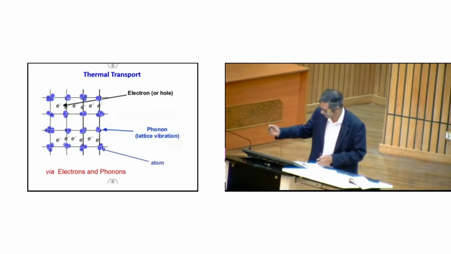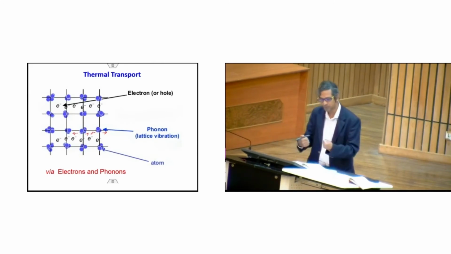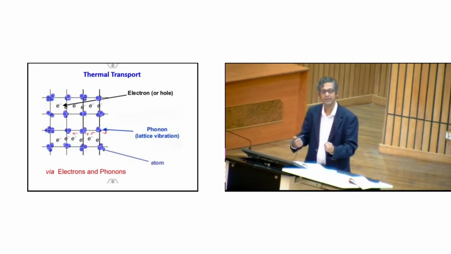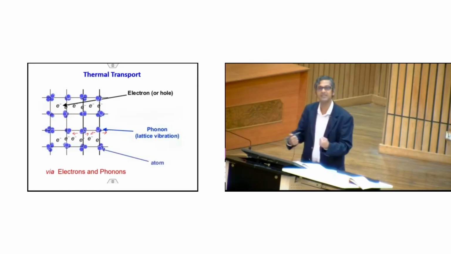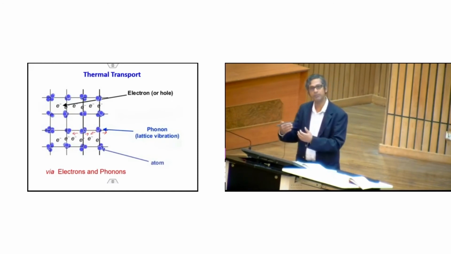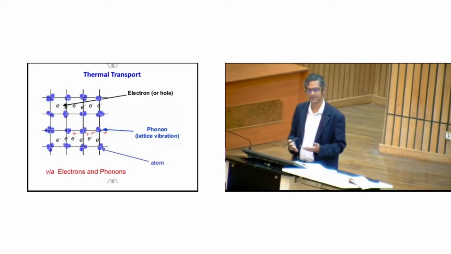So, if this set of atoms is moving like this, they are going to make a push when they come close, or they are going to pull each other when they are going away. By doing that, they will be acting like a simple harmonic oscillator, and a wave will be created inside the material that can propagate, and that wave can then carry the heat, and that is what is known as a phonon or lattice vibrations.